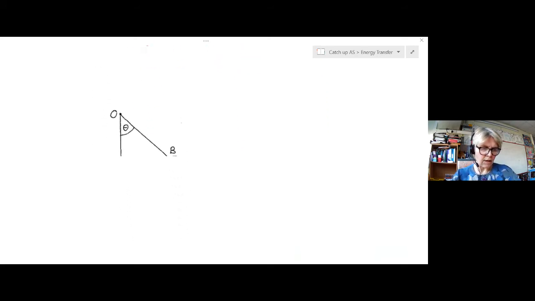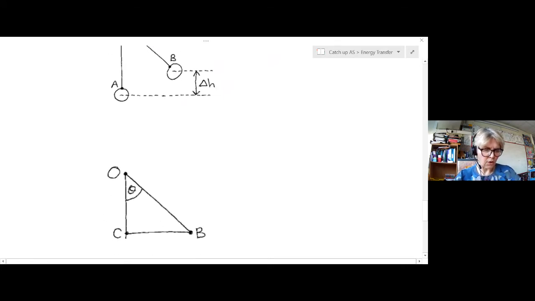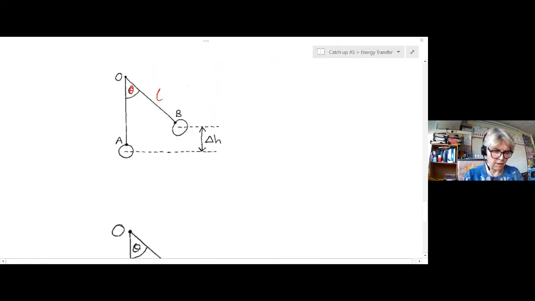Okay, so let's start with then, you have got length and you've got the angle, and we've got to work out what this change in height is to work out this gravitational potential energy. So we can simplify that diagram by putting a dotted line all the way across and making a right angle triangle.